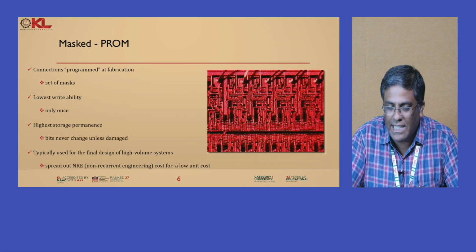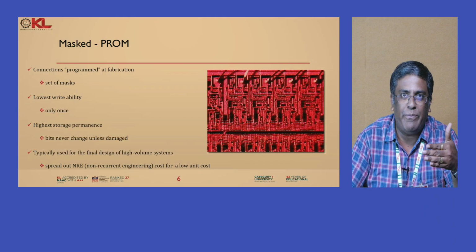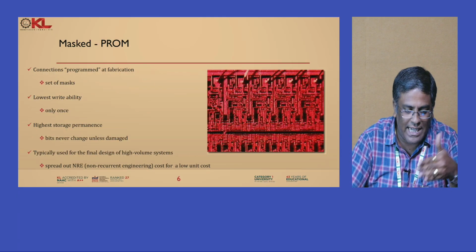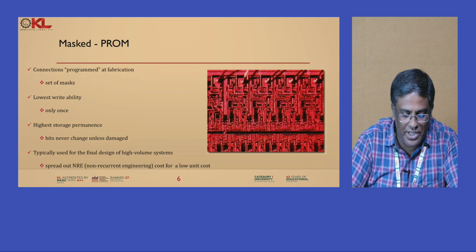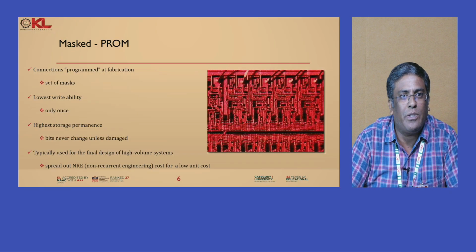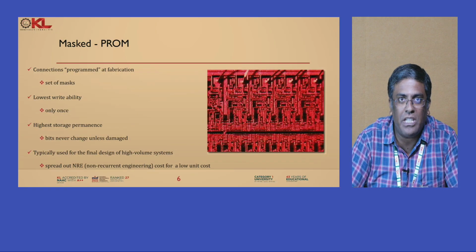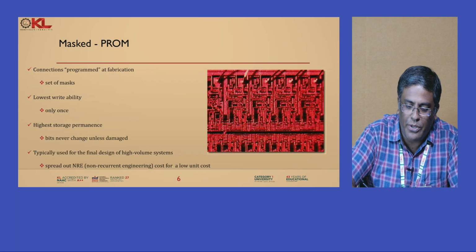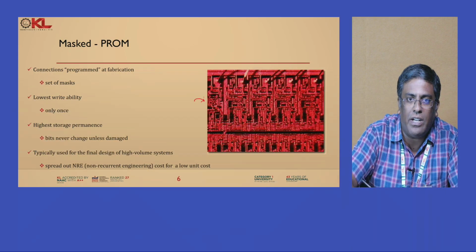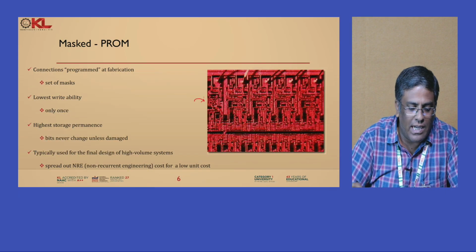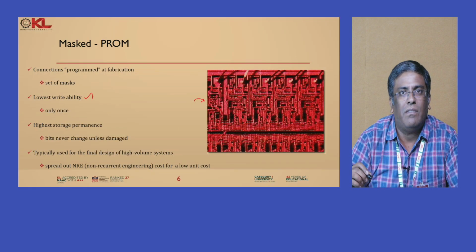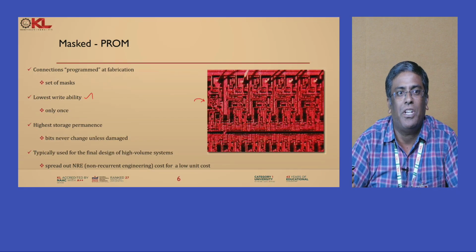Followed by this, we see the masked ROM, because we have seen different types and we have to discuss each and every category. We are just talking about the masked ROM over here. This connection is set during the time of fabrication. Once all the data is written during fabrication, we mask it, and it has only low writability because we write only once, during fabrication.